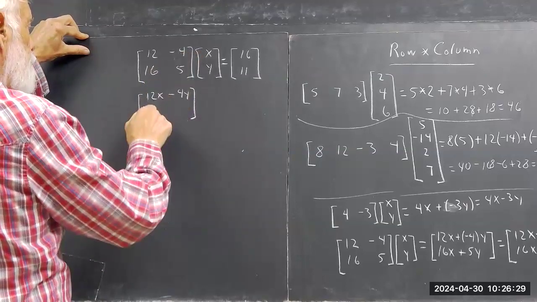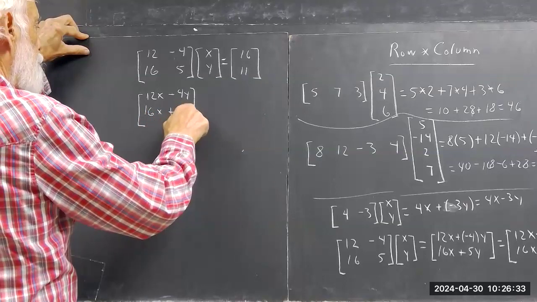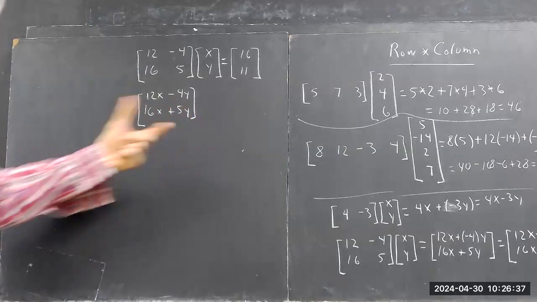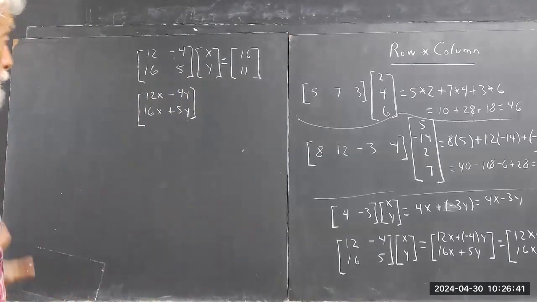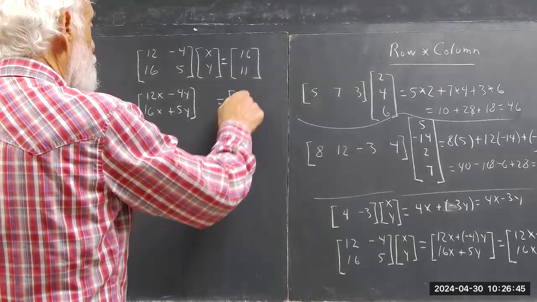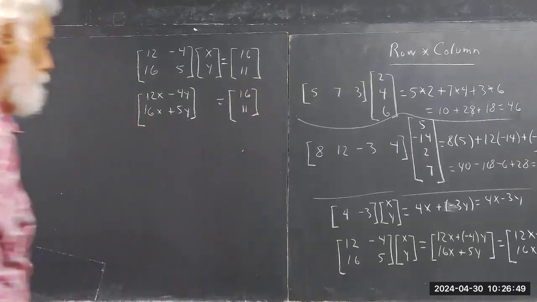And we get 16x plus 5y. That's what we have on the left of the equal sign. Now we work the left and then we work the right. In this case, of course, to the right of the equal sign, there's nothing to work. We just have 16 on the left.